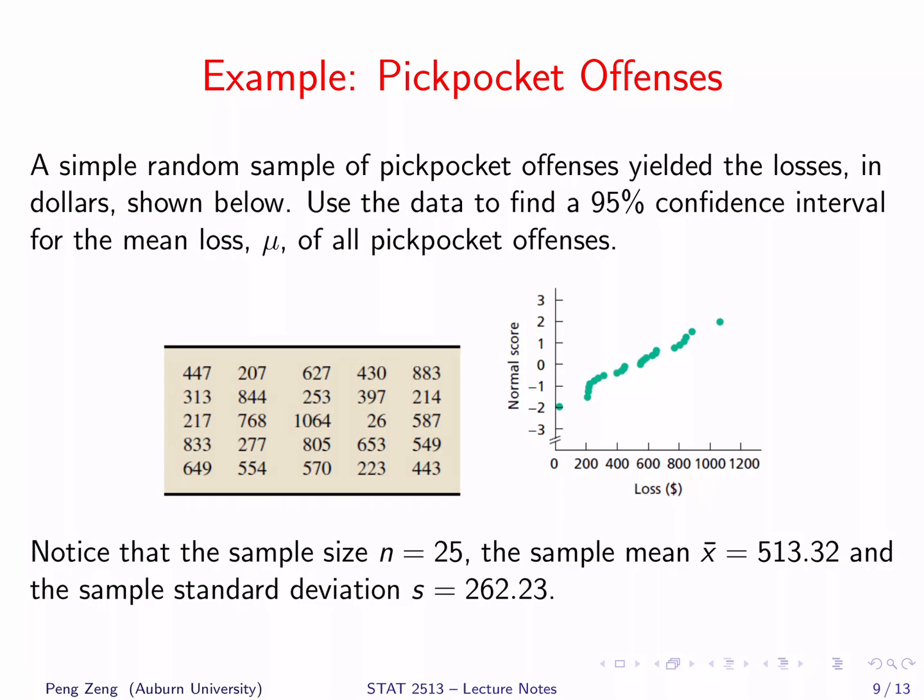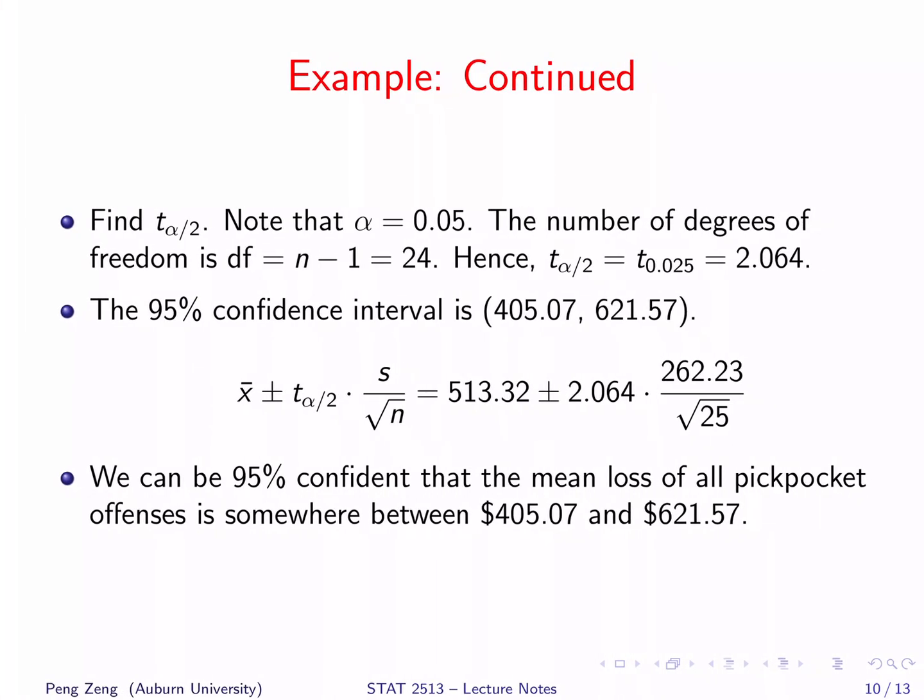We first calculate the sample mean and the sample standard deviation. X bar equals 513.32. S equals 262.23. First, we need to find t alpha over 2.